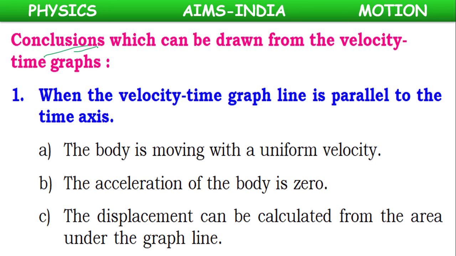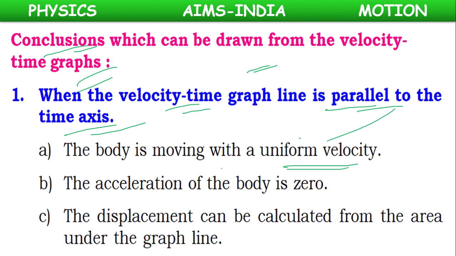So what conclusions can be drawn from velocity time graph? When the velocity time graph is parallel to time axis, the body is moving with uniform velocity. So no change in velocity, acceleration is 0, displacement calculated by area under the graph line.